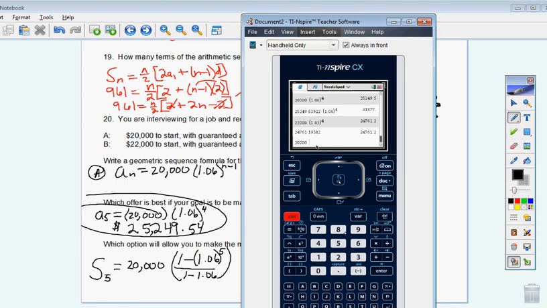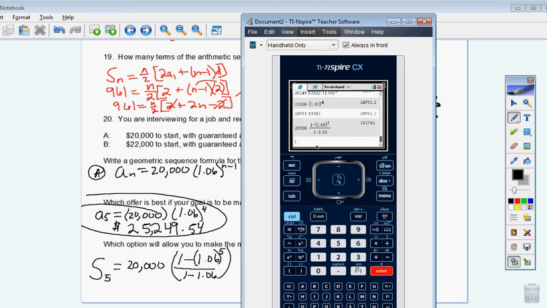20,000 times 1 minus 1.06 to the 5th, over 1 minus 1.06. I do not want to type this in twice, so I'm going to pull it down in a second to make my adjustments.